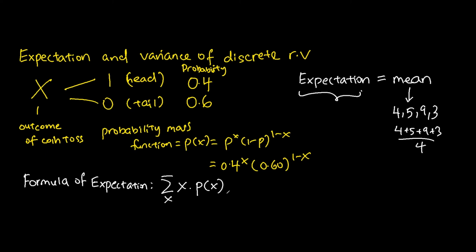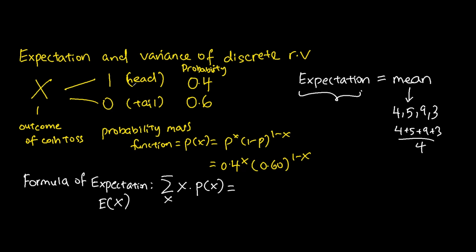So basically with this formula, you take the numerical value times the probability of the outcome, and then you sum it all up. For this particular example, to find the expectation, which we usually denote as EX, it is equivalent to the sum of X times PX.